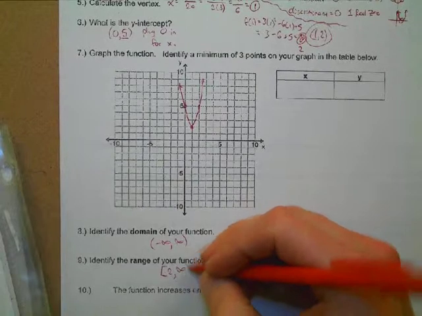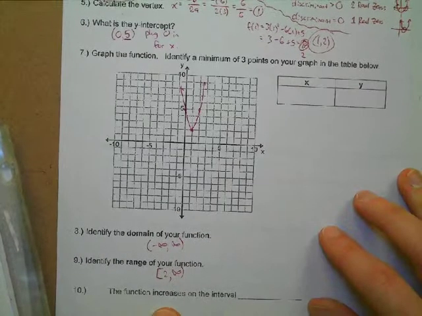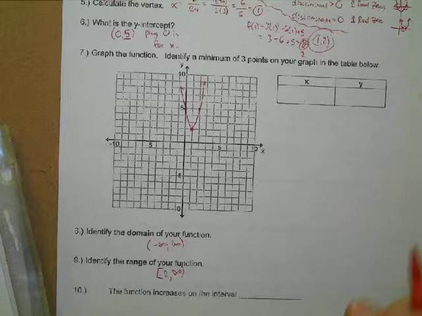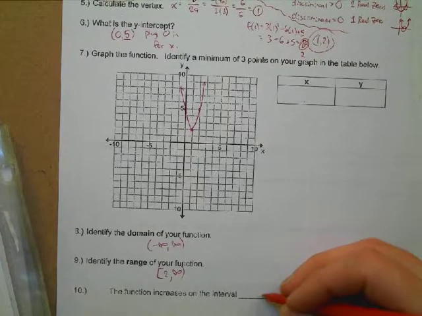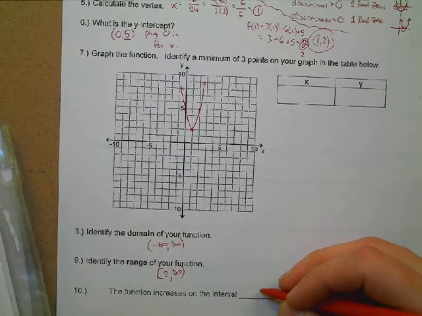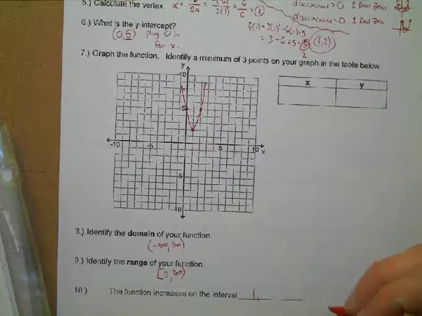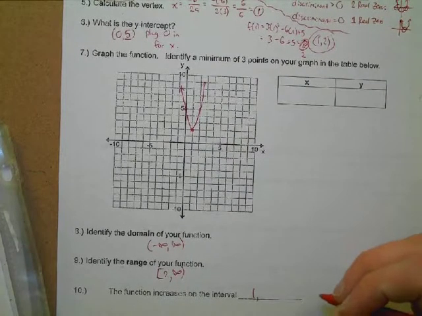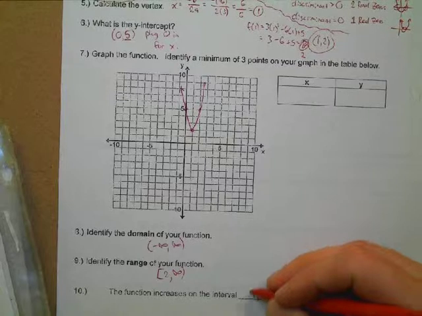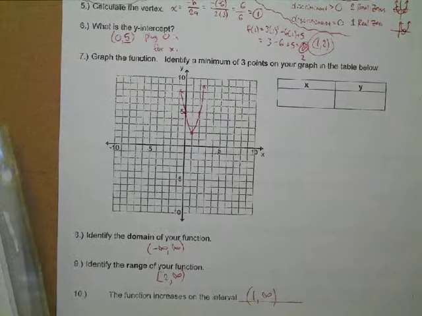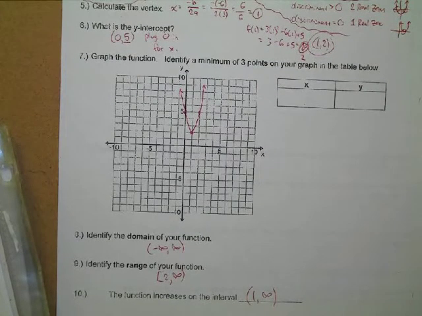Infinity. The function increases on the interval. At what x value does it start to increase? 1. And then it increases as we go to the right, right? So 1 to what? Infinity. And again, we'll put parentheses for both of those. Oops, sorry, I'm off the screen there. My bad. There we go.